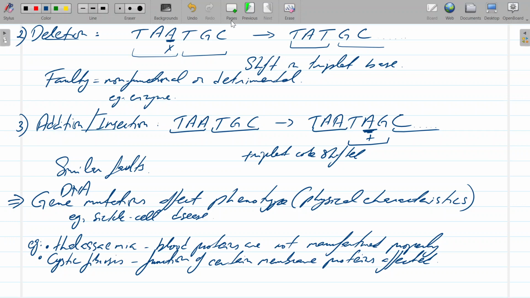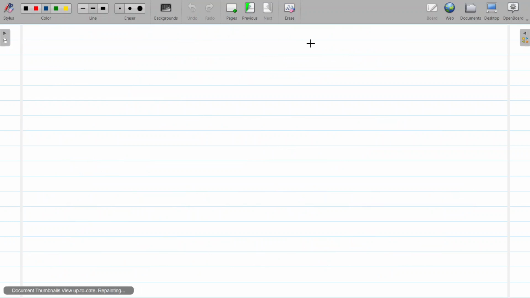Now, with all of that, most mutations don't cause anything. So again, they're neutral, so to speak. And the reason for that is, we talked about 98% of the DNA being non-coding. It's not genes.